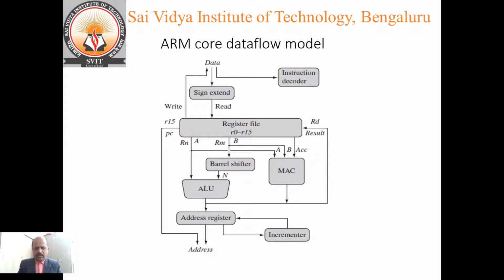From the register file, it is sent to the ALU for further processing. If an instruction is there, it is sent to the instruction decoder. Once it is decoded, according to the instruction, it performs the operation.